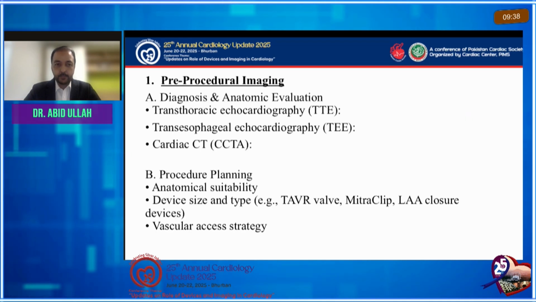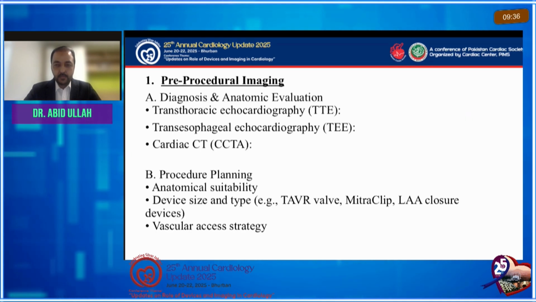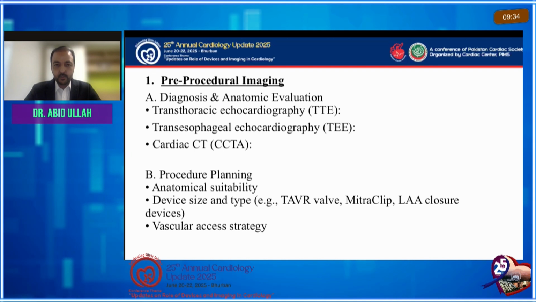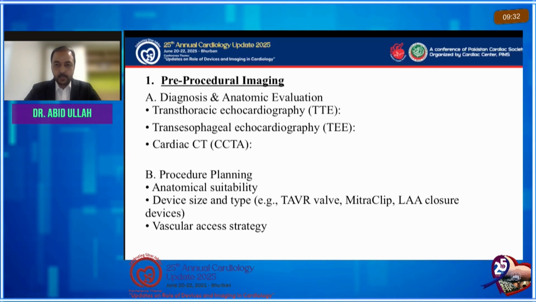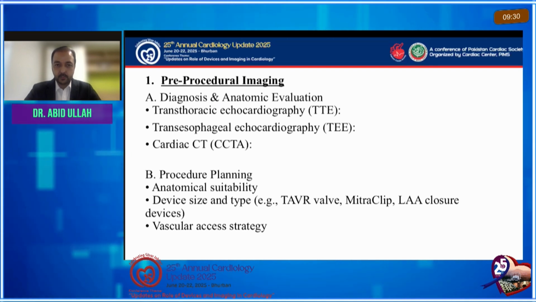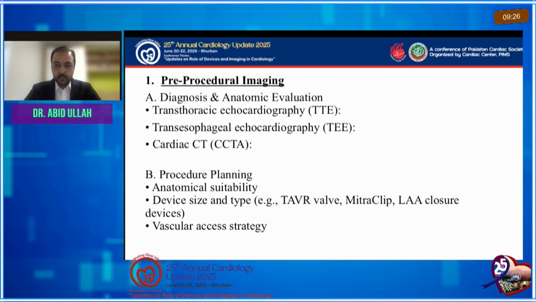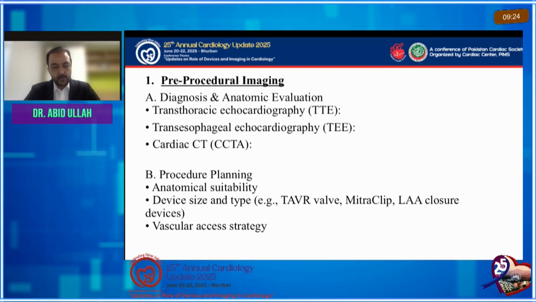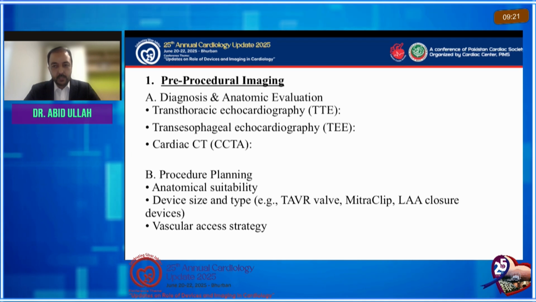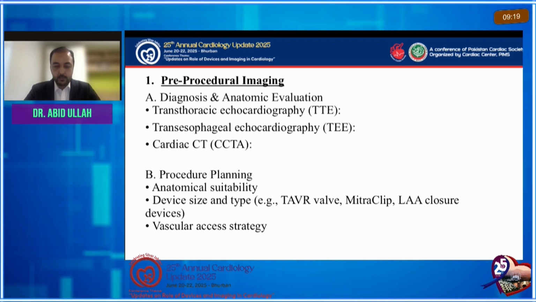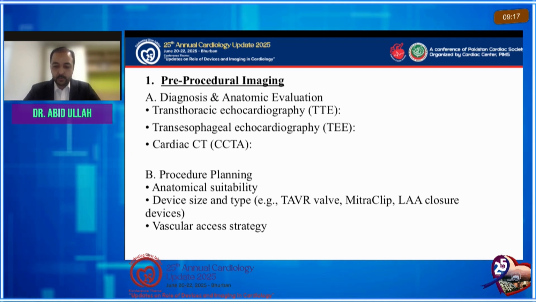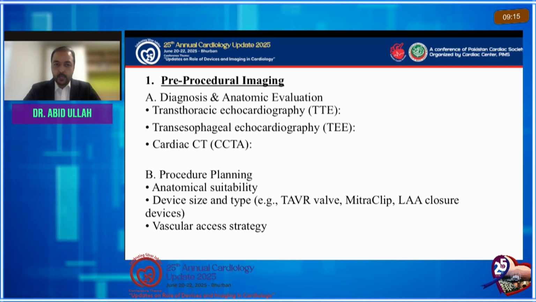of patient care. In the pre-procedural stage, it's very important to have a proper transthoracic echo, a TEE, and a cardiac CT. Once a need for intervention is identified, then the anatomical suitability, the device size and type, and the vascular access strategy are assessed.